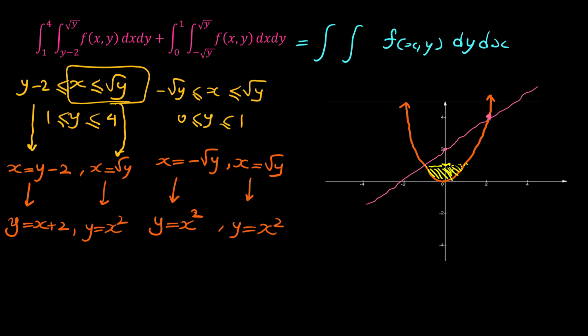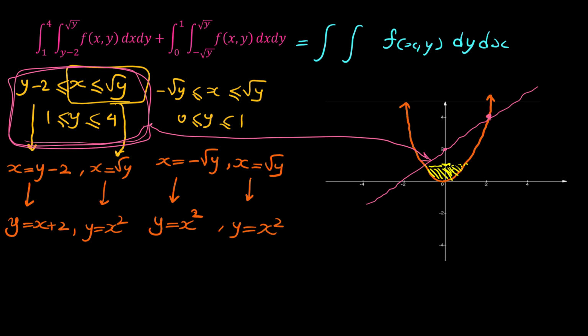So, finally, what is the graph of these two equations that here we have? These two equations together, they describe the region below this line from 1 to 4. Basically, they describe this region.